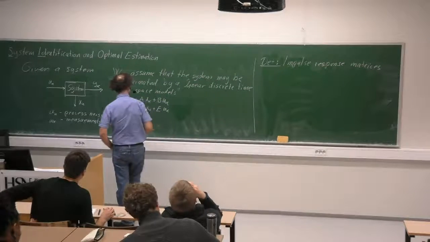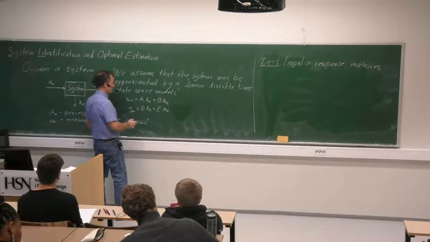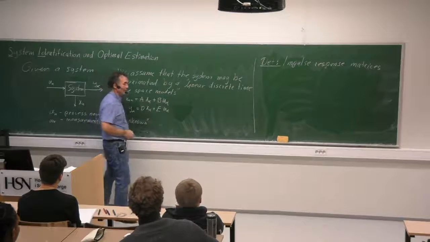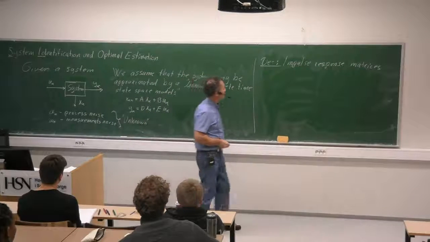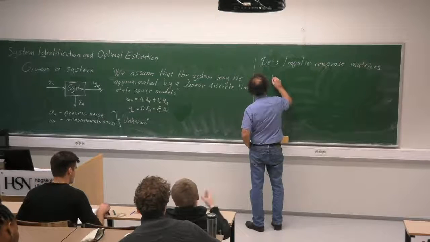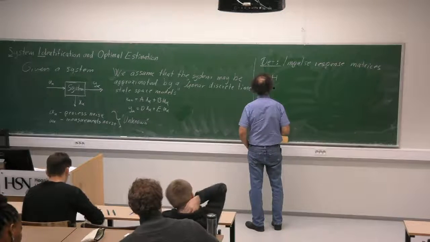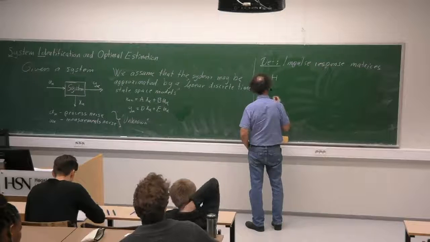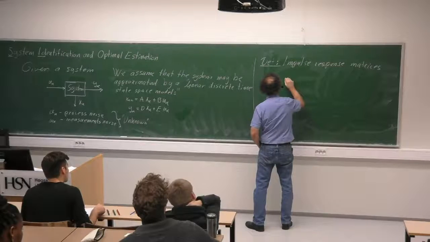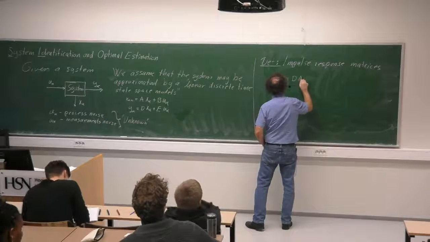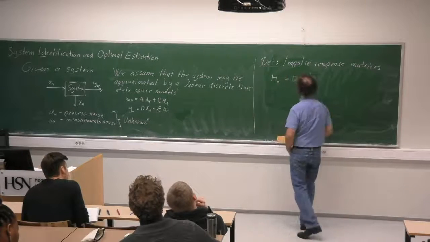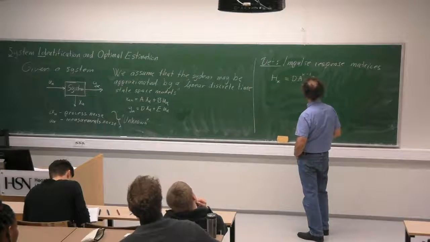It is in fact the product of D B, and D A B, D A squared B, and so on. And I use H as the symbol for the impulse response matrix, like this. This is an impulse response matrix.